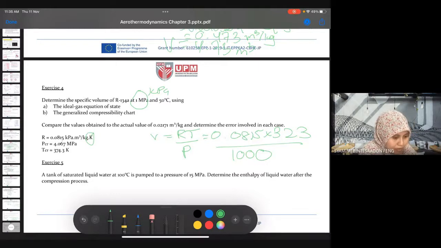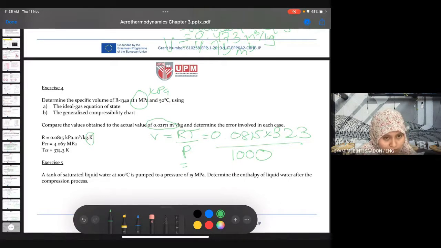So we calculate the specific volume. This volume is more or less the same, but not exactly as the actual value. The actual value is given here, 0.02171, the real specific volume of this refrigerant at this temperature and pressure.